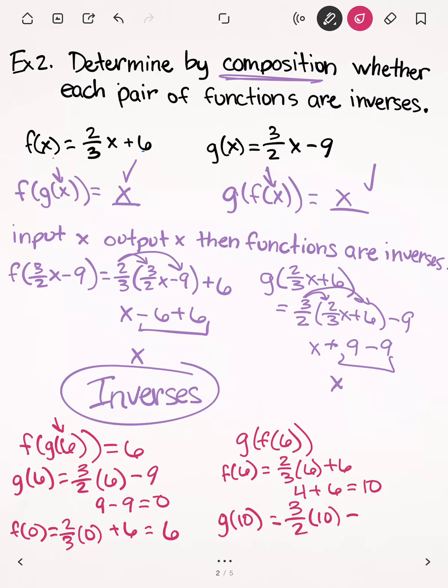So here we go, making sure I didn't make any mistakes. I always feel like I mess up. So I get, let's see, 3 times 10 is 30, divided by 2 is 15, minus 9. 15 minus 9 gives me 6. My input was 6, my output was 6, so this is just another way to show that they are inverses.